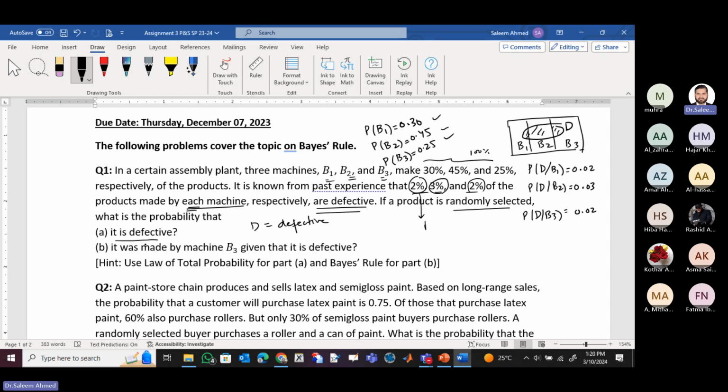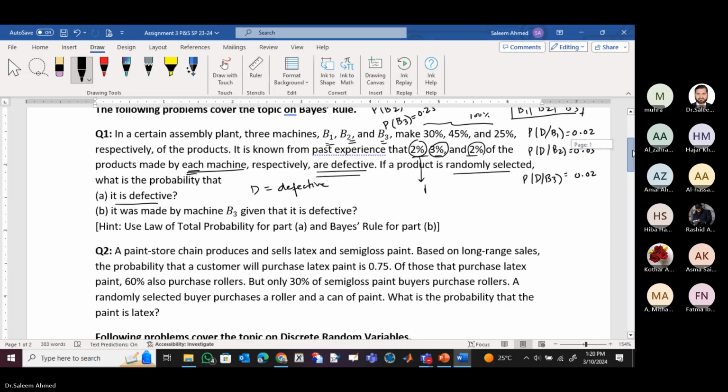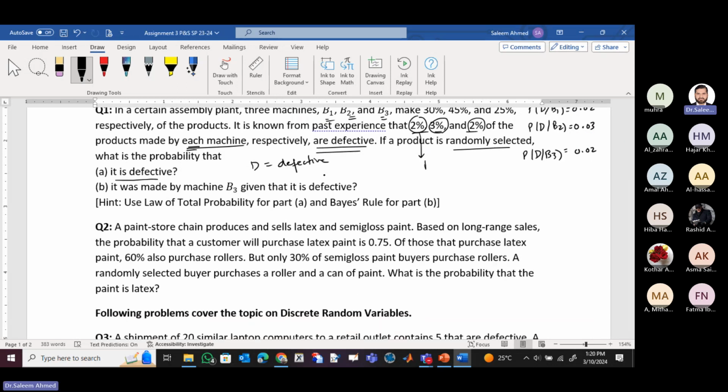Now I can write this part A. What is the probability that it is a defective item? Probability of defective is the probability of defective given machine 1, times B1. You see, you don't have to remember the formula. No need to sit down and memorize.